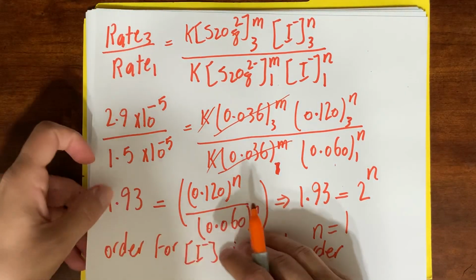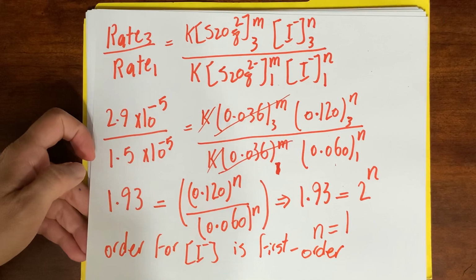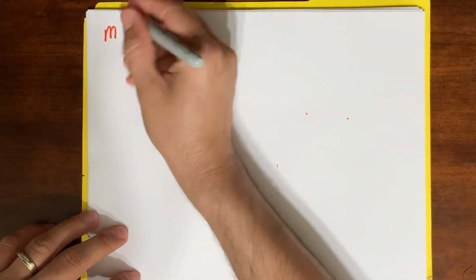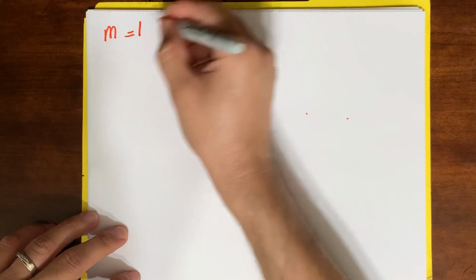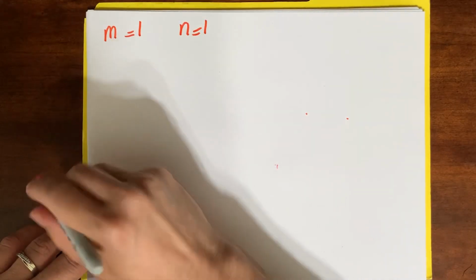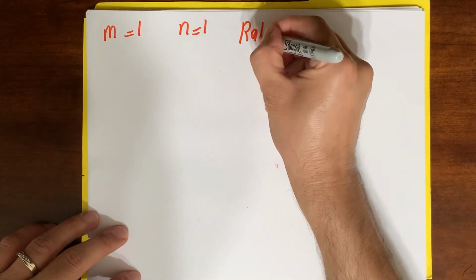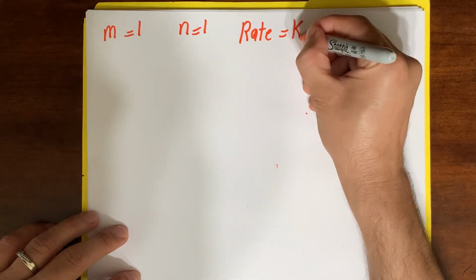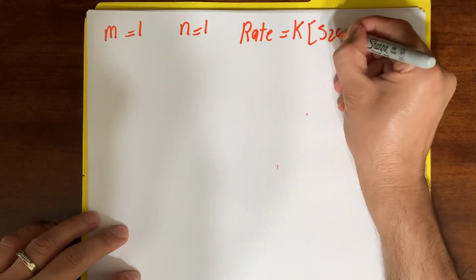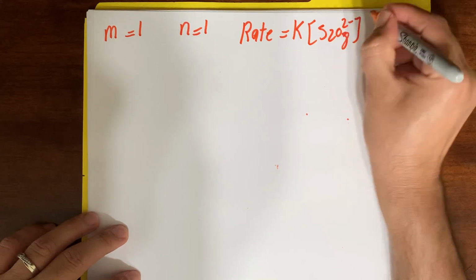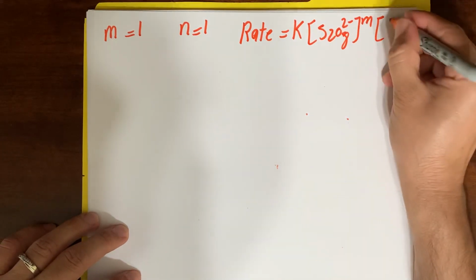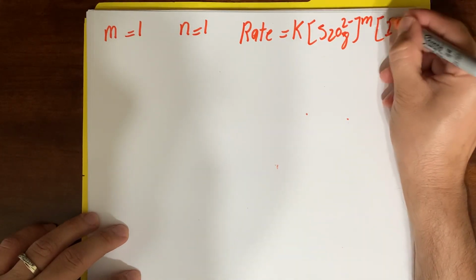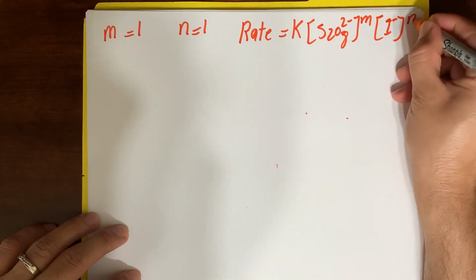So we got m and n, m is 1, n is 1. The rate law is equal to k multiplied by S2O8 to the power of m multiplied by iodide to the power of n.